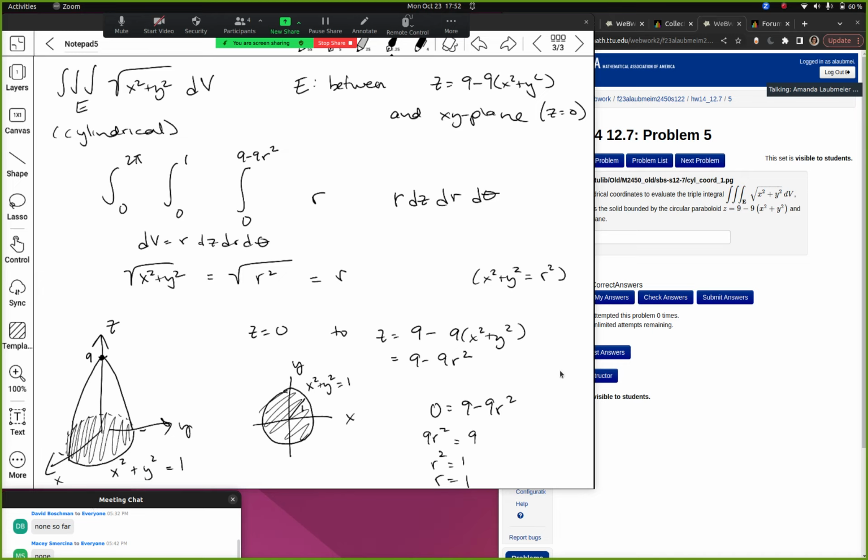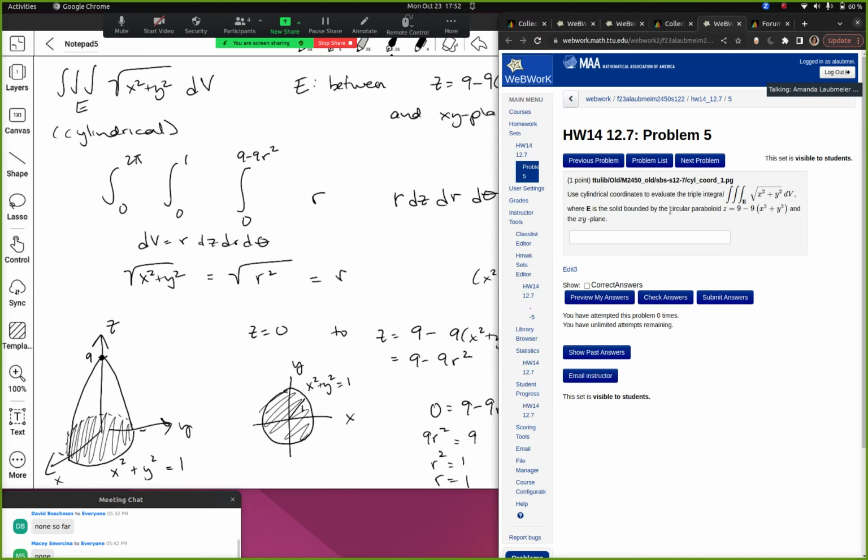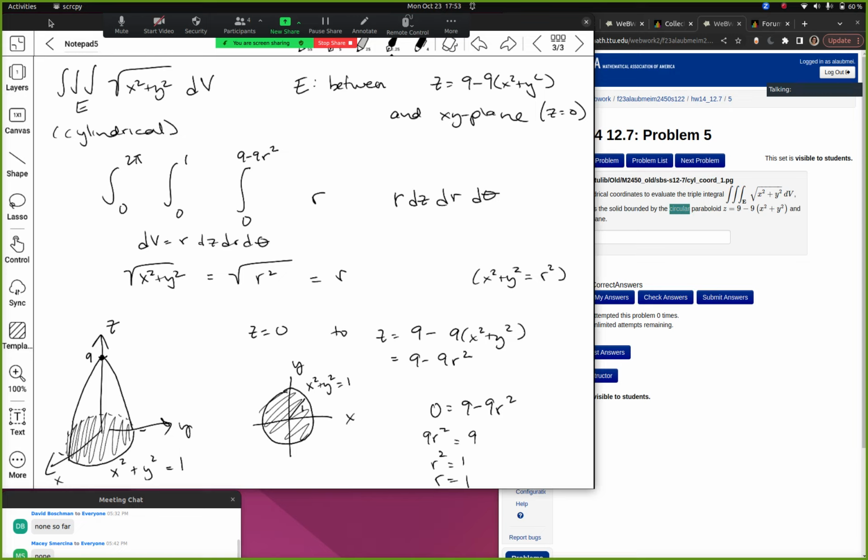Or you might key into the fact that they say it's circular and they never tell you a way to break up that circle, so it must be the entire circle. Or if you manage to draw it, you would know that we are doing 0 to 2 pi because there's no gap rotating around the axis.